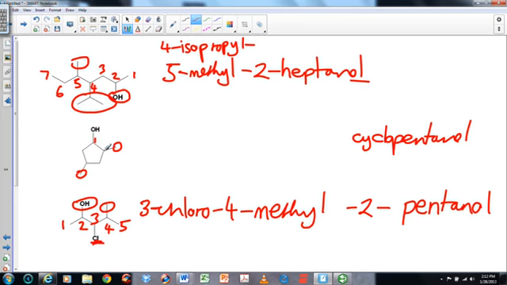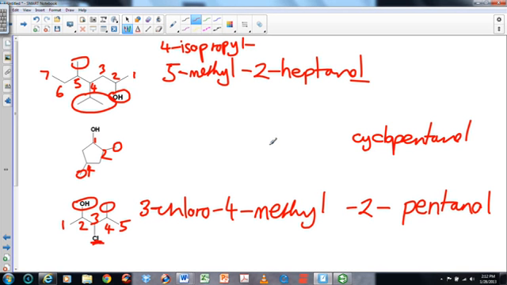So therefore your OH carbon in a ring is always going to be carbon number 1. And then it's just a case of knowing whether you count round left or right. Well, we want the two lowest possible numbers for our methyl substituents. If we count round clockwise, we get 2 and 4. If we count round counterclockwise, we get 3 and 5. So we make sure that we count round, in this case, clockwise. So if we have two methyls, we need the prefix di to say we've got 2.